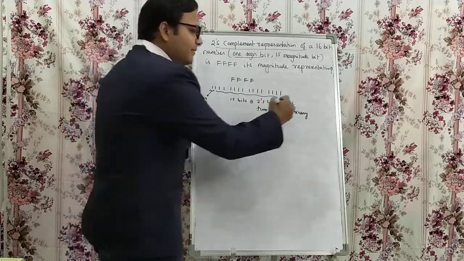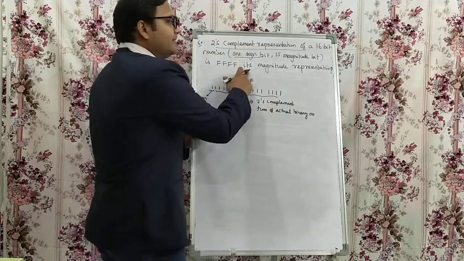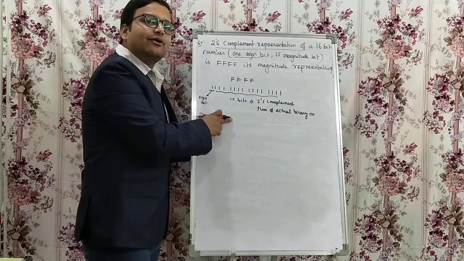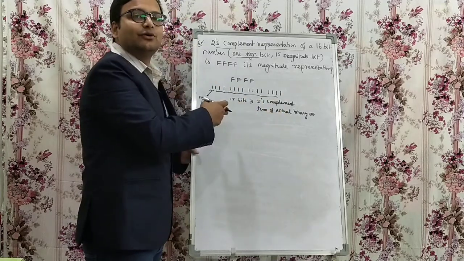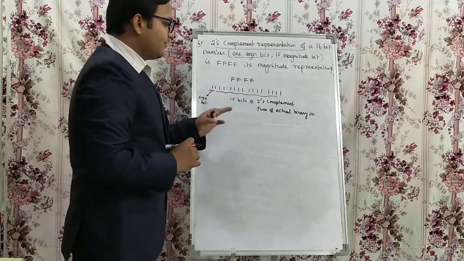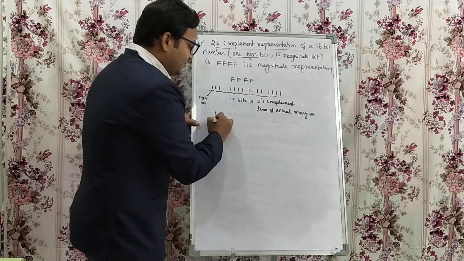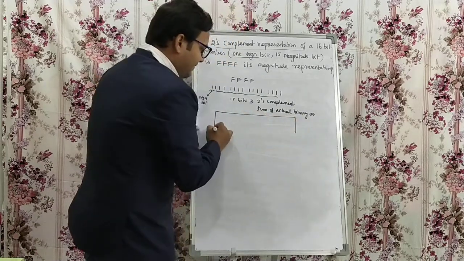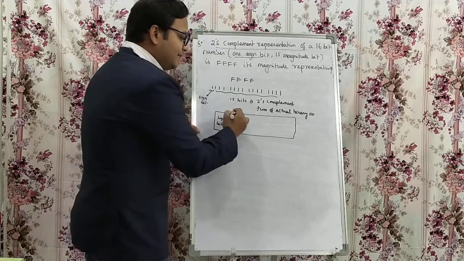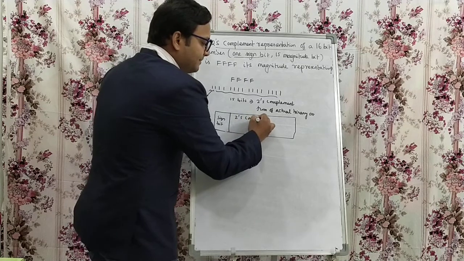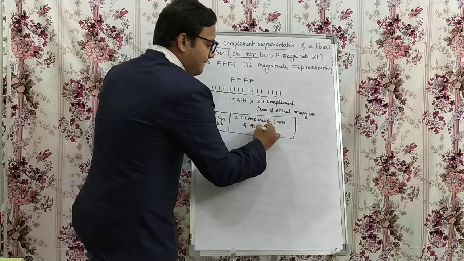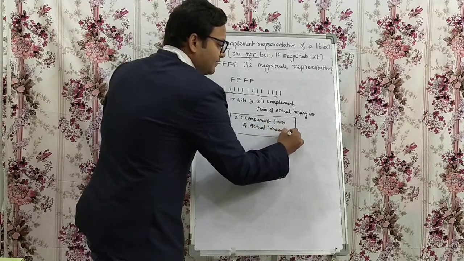Okay, so what you are asked here is to find its magnitude representation. That means you need to find the actual binary value and its magnitude, not with the sign bit. Do you understand? If you compare the 2s complement representation of a signed number, the sign bit will be there, and the 2s complement form of the actual binary number will be there.